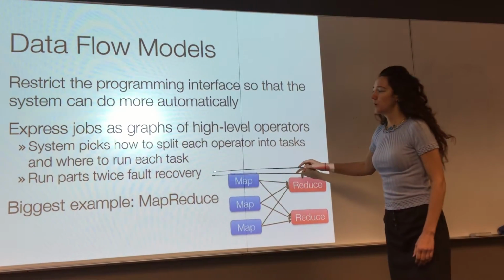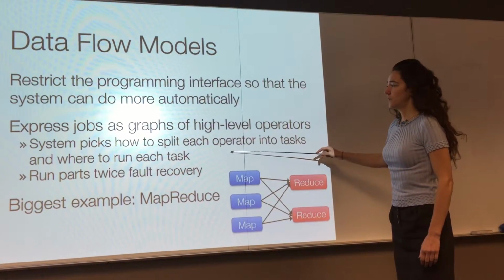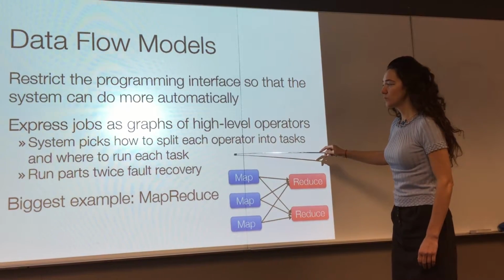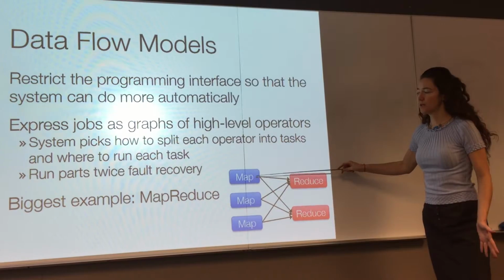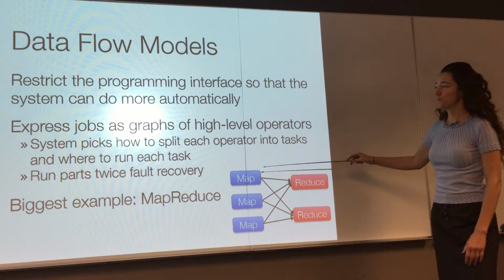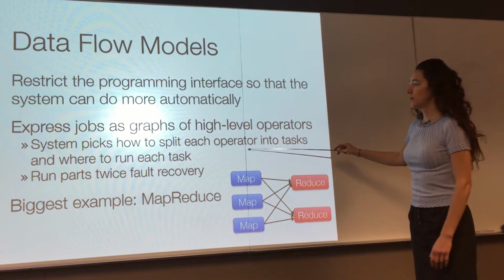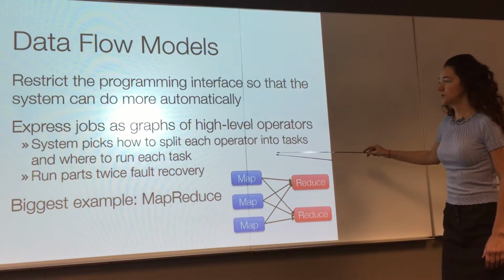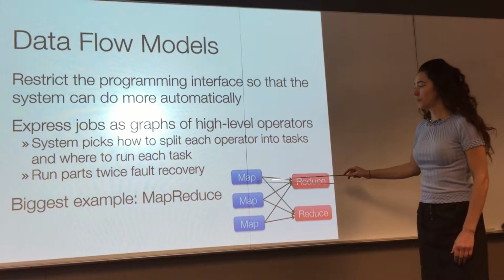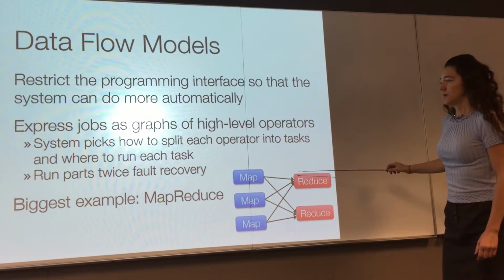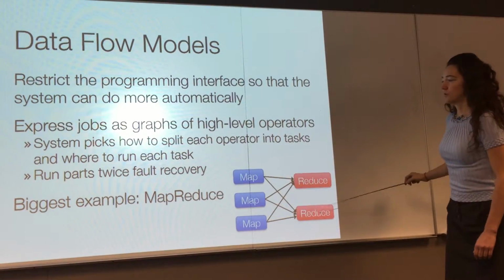And we do have fault recovery, because we keep pieces of the data in 3 copies. So the system will pick how to split each operation into tasks and where each task should go, into which mapper, and then the reducers are invoked.